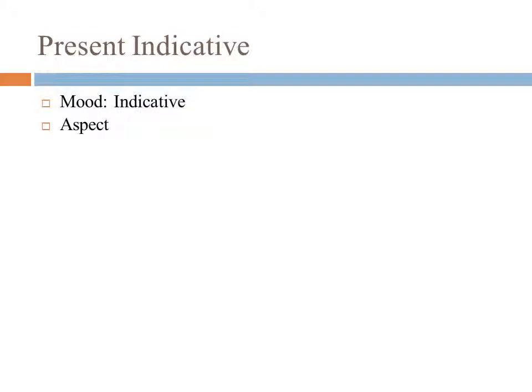We have aspect, and in the present, the aspect can either be continuous or undefined, and the default is continuous. So we can either have the water is falling or the water falls, but as we go along, I want you to remember the continuous form of it, the water is falling.